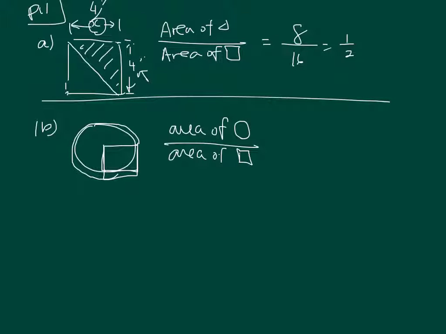For example, if the radius is 3, then the area of the square will be 3 times 3, which is 9. And the area of the circle will be pi times r squared, so that's 9 pi. Okay, let's keep the pi as it is, and we can simply divide 9 pi by 9. So the ratio will be pi. If you change that 3 into something else like 4, 5, or 6, what would happen? And you can apply that to C.